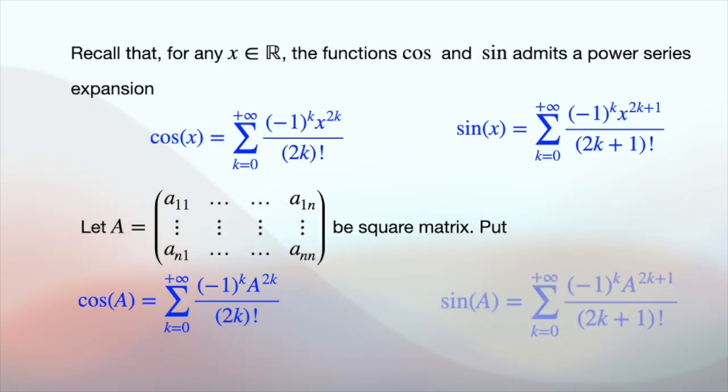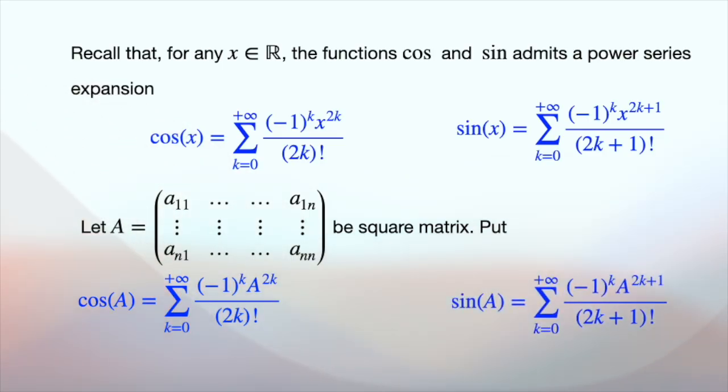So indeed, if we take a square matrix A, we can put that cosine A is given by this sum and the sine is given by this sum.